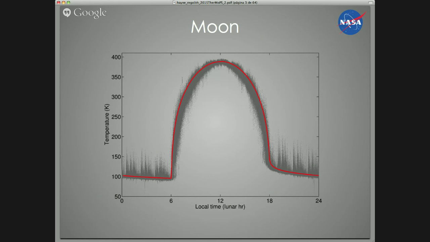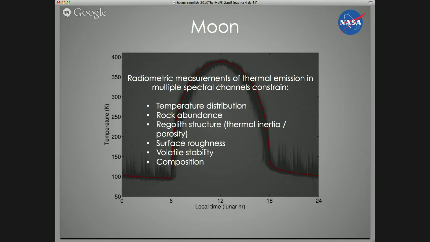Using these radiometric measurements of the lunar thermal emission, and this is true for any airless body, with multiple spectral channels measuring that thermal emission, we can get constraints on the temperature distribution within our measurement field of view, the rock or block abundance on the surface, and the regolith structure, which is typically quantified by the thermal inertia or the porosity. In our case, we get a depth profile of that.